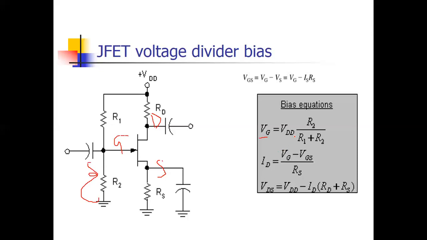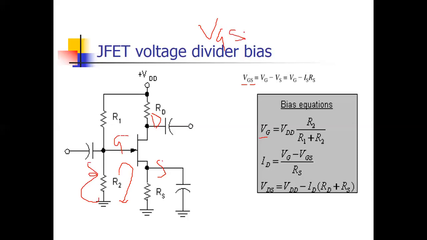Now, if you remember what I told you, 3 steps. The first step is to apply KVL at the input side. See here. What we want to calculate by applying KVL is the input VGS.